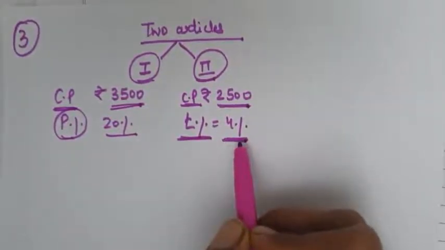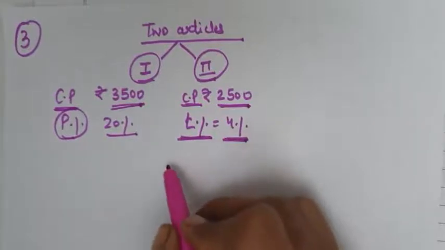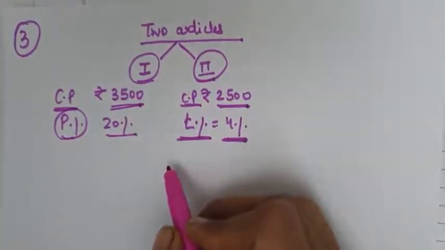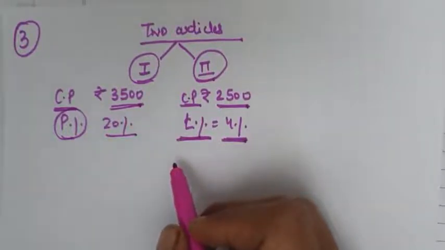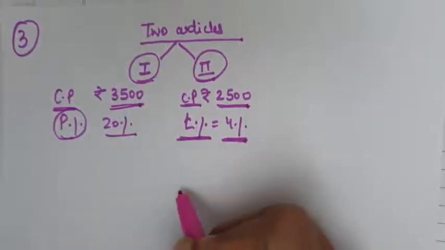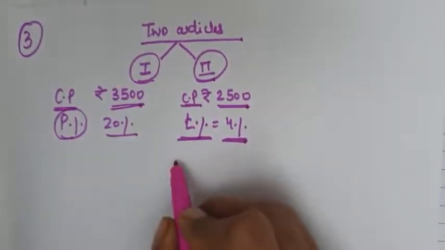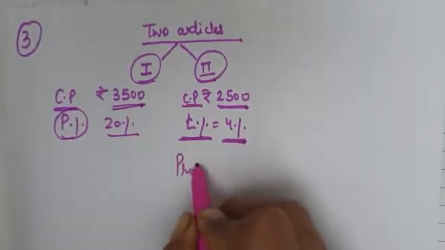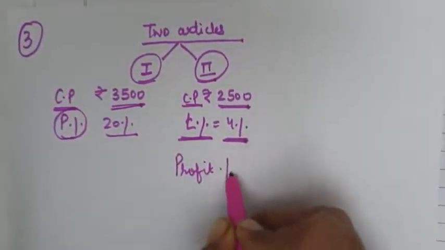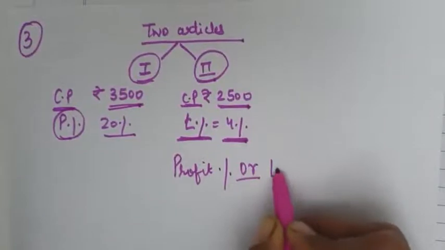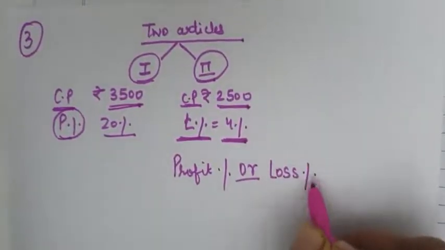Now we have to find what is the profit or loss percentage on the total transaction. Means on the whole, if we see, there will be a profit percentage or a loss percentage.